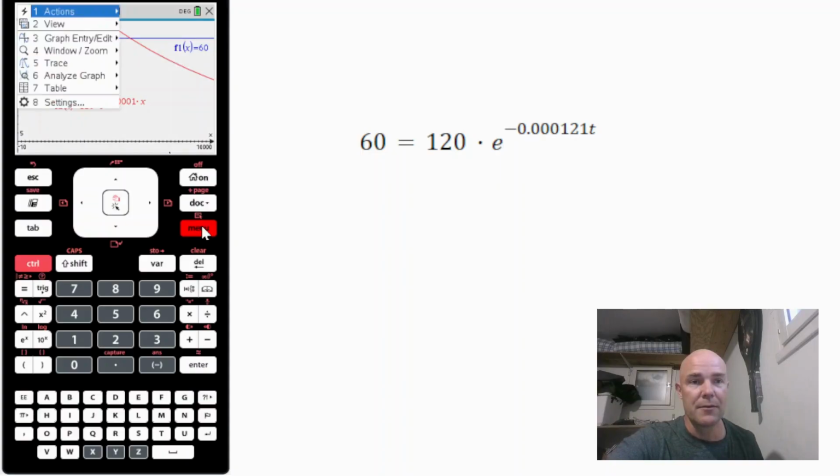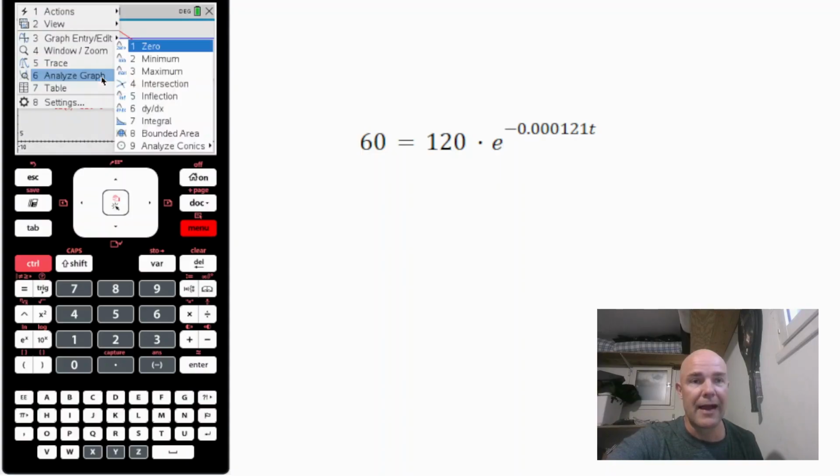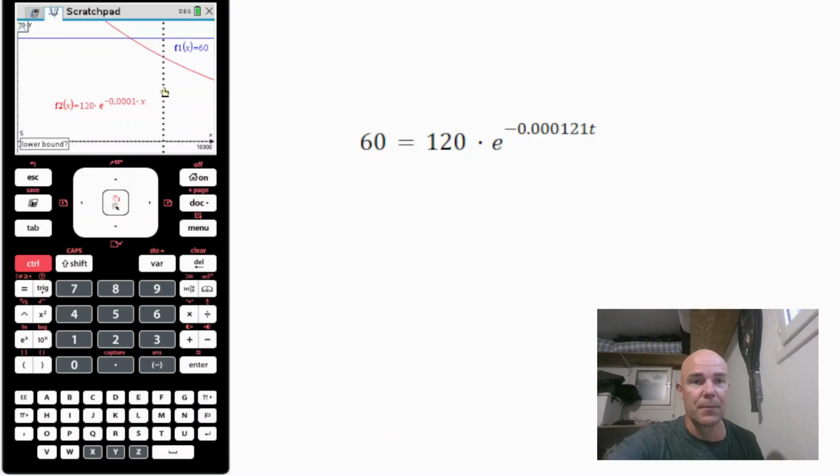We press menu, and then we have analyze graph. And from here we can see really useful tools. Now we are looking for intersection. And the way this works, it's now asking for the lower boundary. So we have to go to the left of the intersection, and then it's asking what's the upper boundary. We go to the right of the intersection, and here is our solution to this equation.